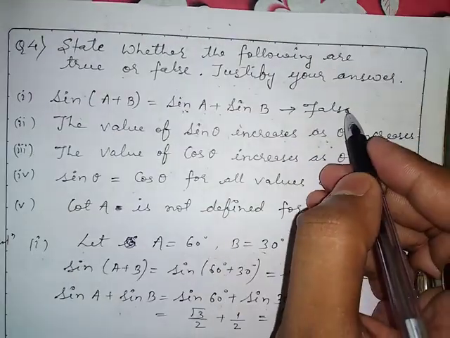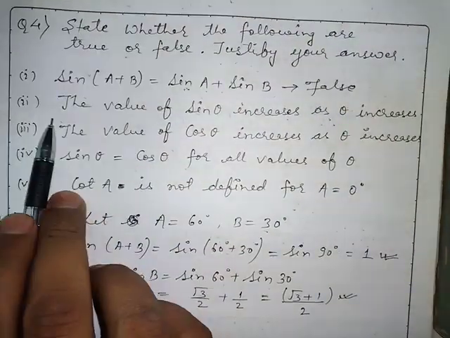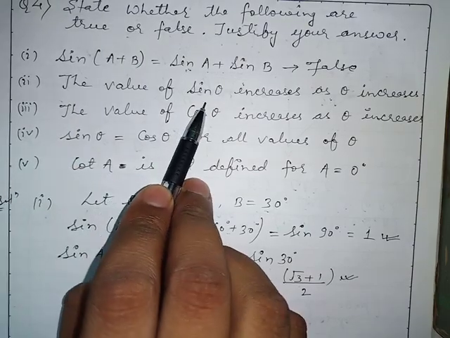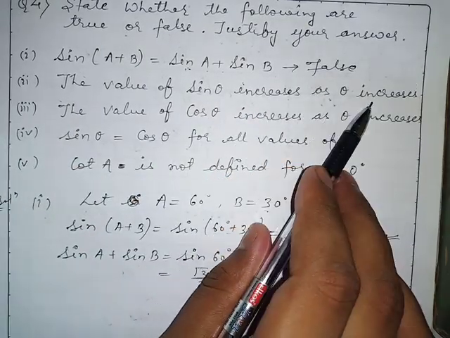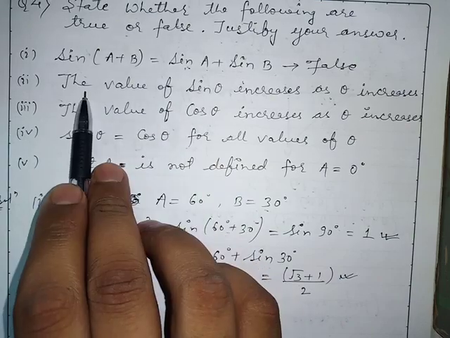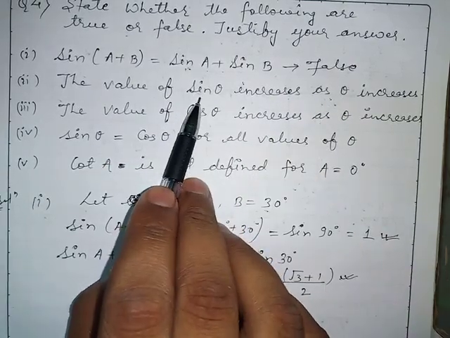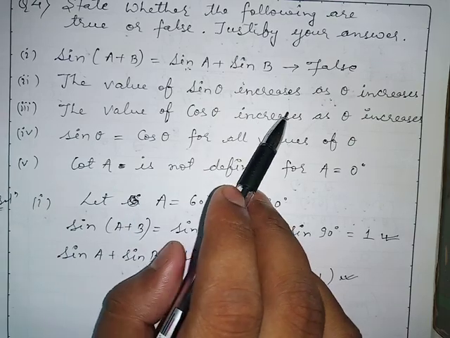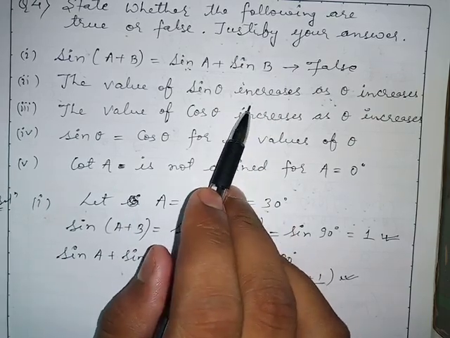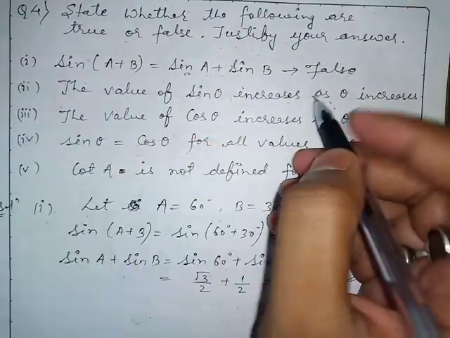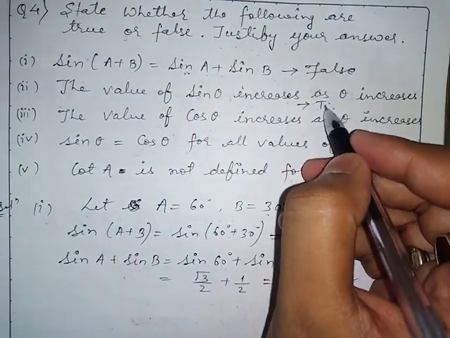Okay, in C second one, the value of sine theta increases as theta increases. Okay, the question is saying that if the value of theta increases, the value of sine also increases. Is it true or not? Obviously this is true.